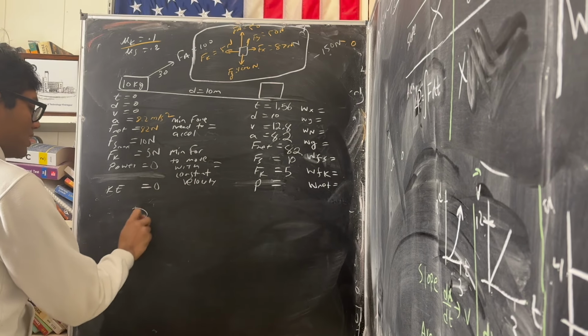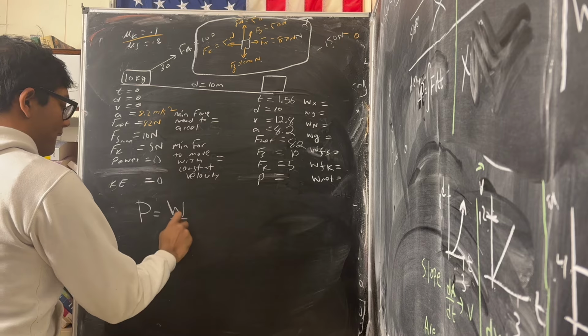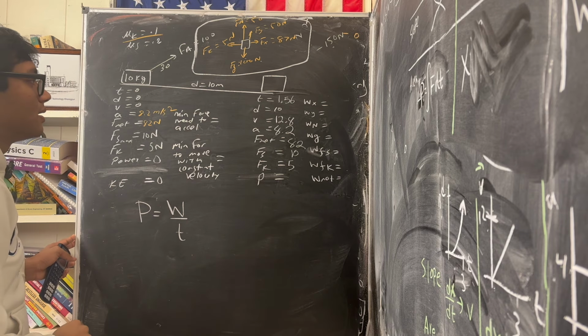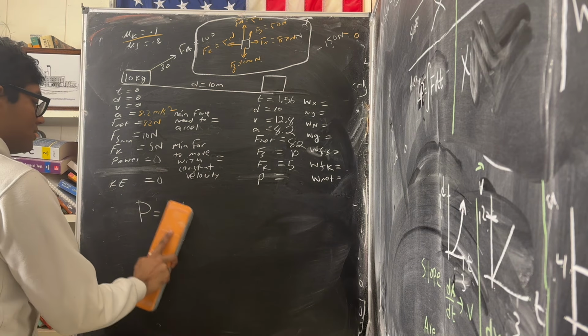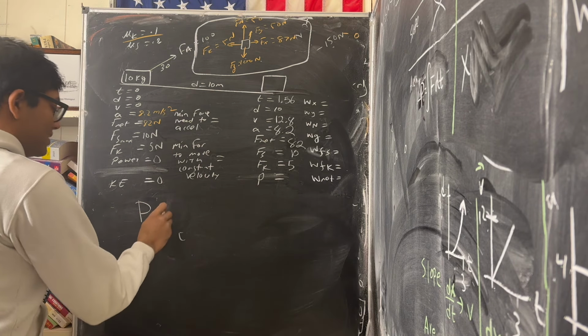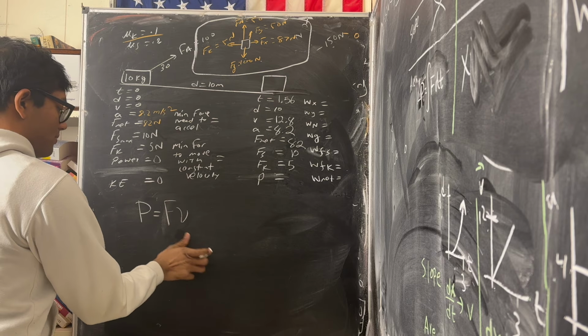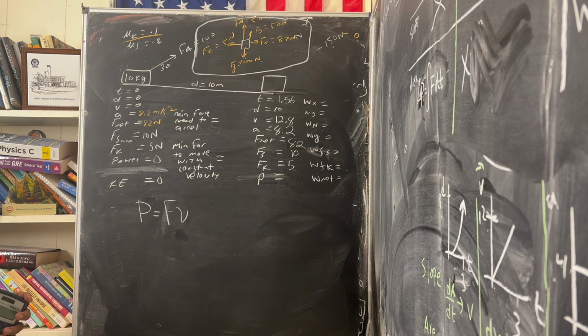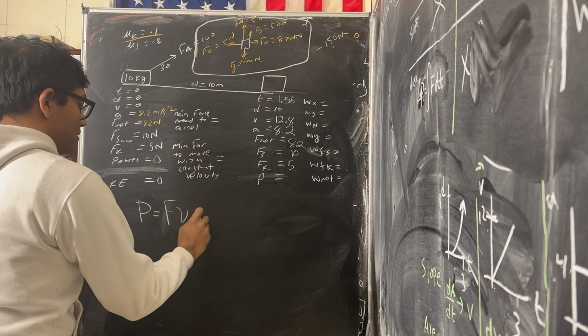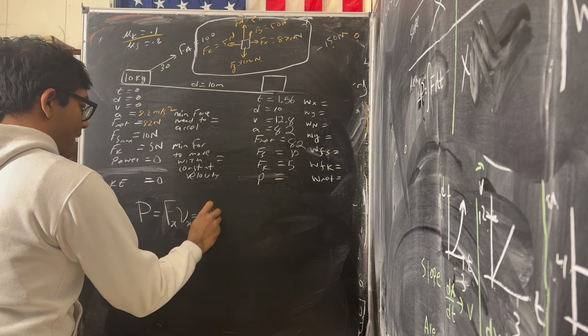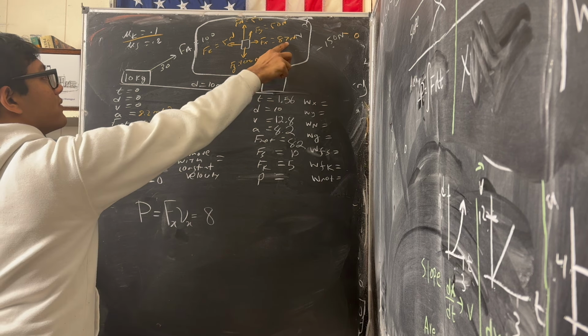Power is work over time. Okay, that power is not work over time. Oh, okay. Then we can use F times v. This is instantaneous power. We know the force in the x direction is 87. No, it's 82. No, it's 87.